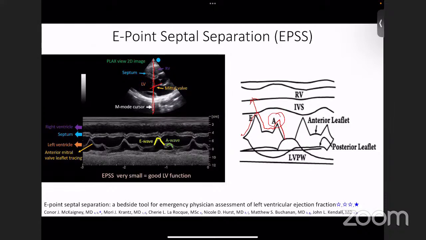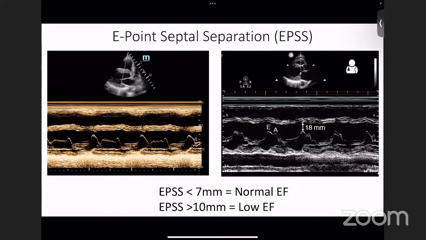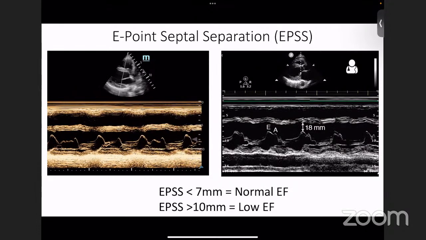Then we measure the distance between the tip of the E wave and the septum. This is called the E point septal separation. This is how the trace is done in M mode.